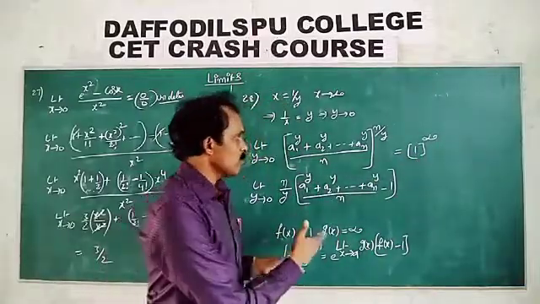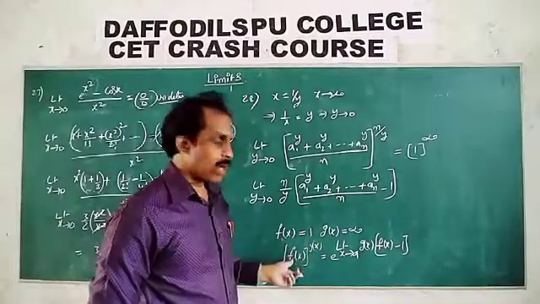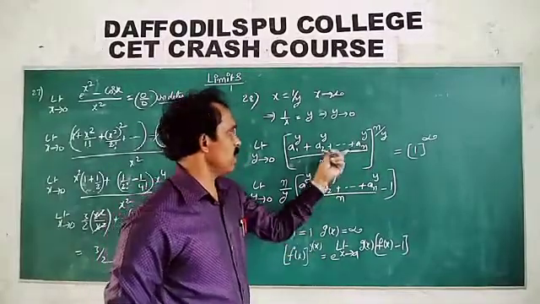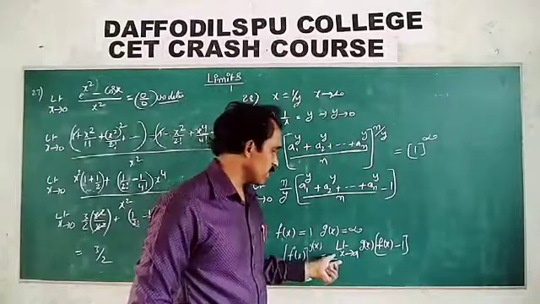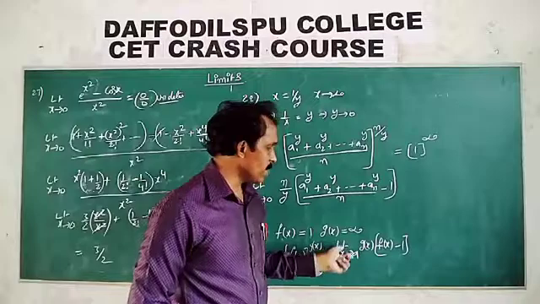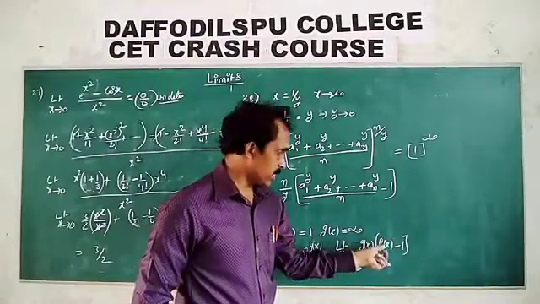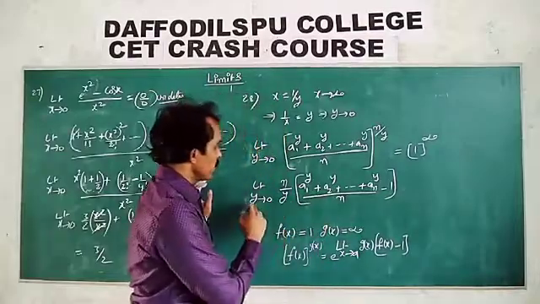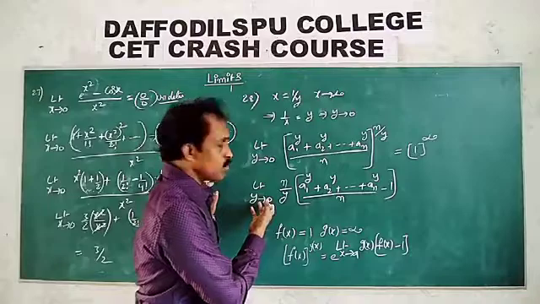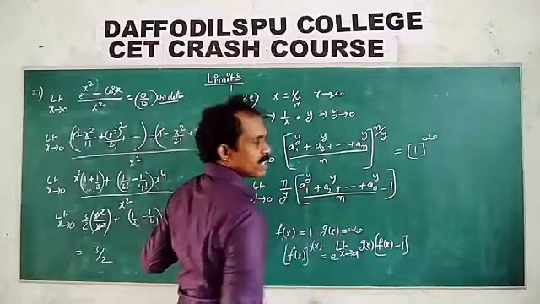You apply the formula to remove this indeterminate form: f of x whole power g of x equals e power limit g of x into f of x minus 1.